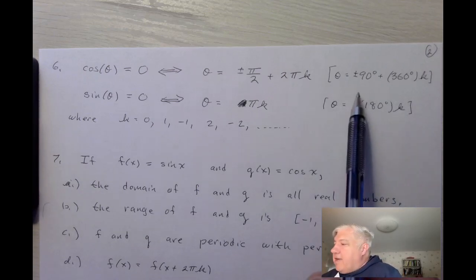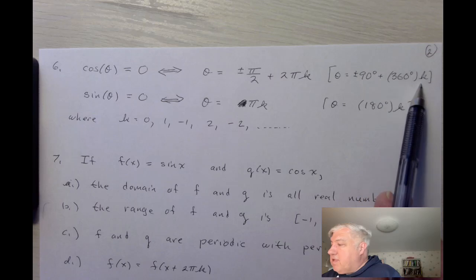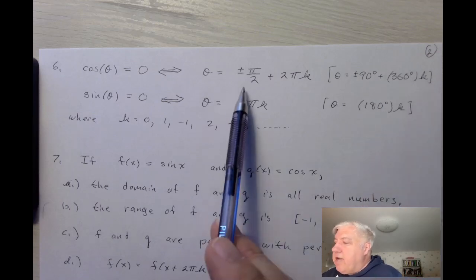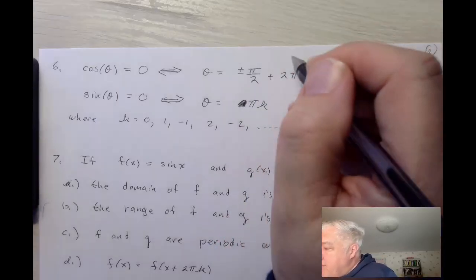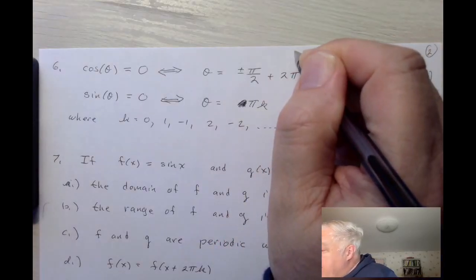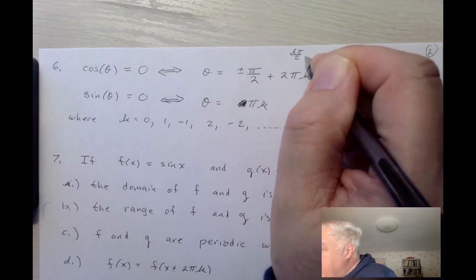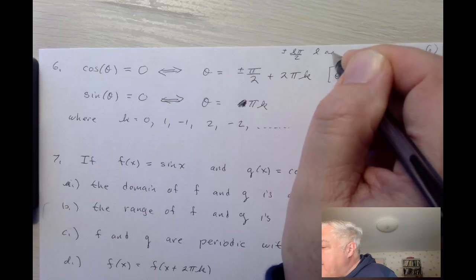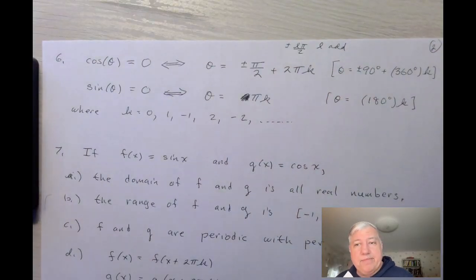If you're using degrees, it's plus or minus 90 degrees plus some multiple of 360 degrees. More generally, another way of thinking about this is to say it's plus or minus L pi over 2, where L is odd. So you can also think of it that way.